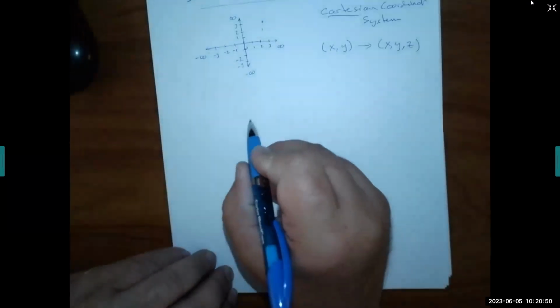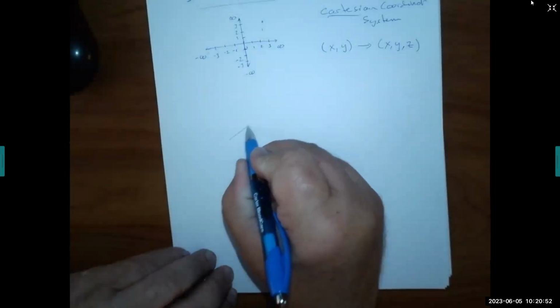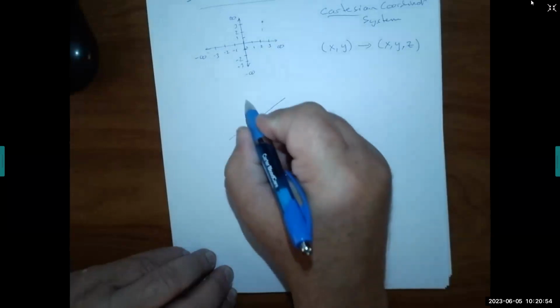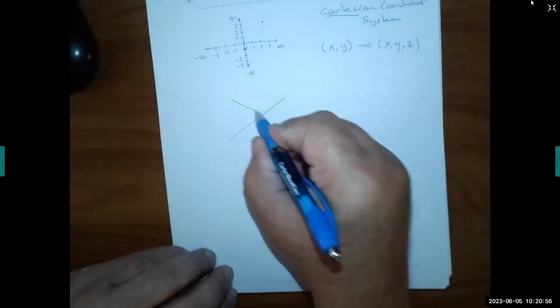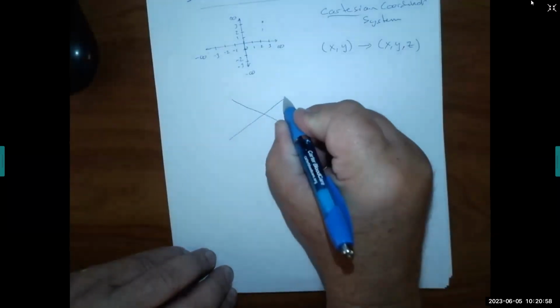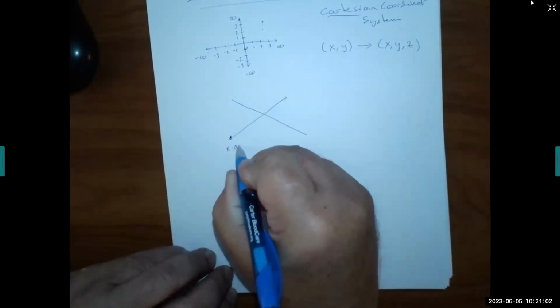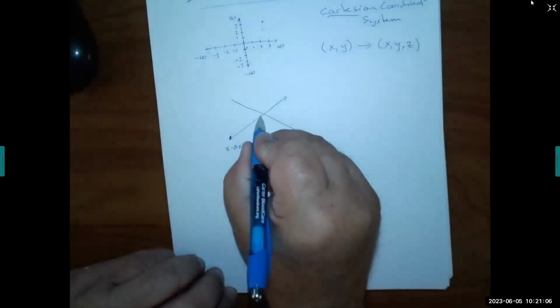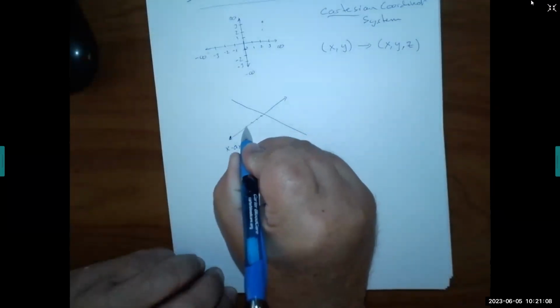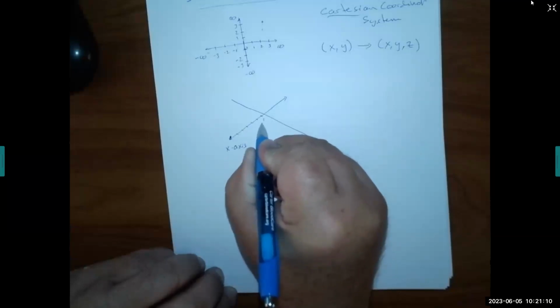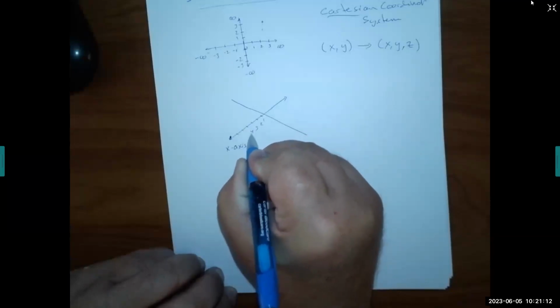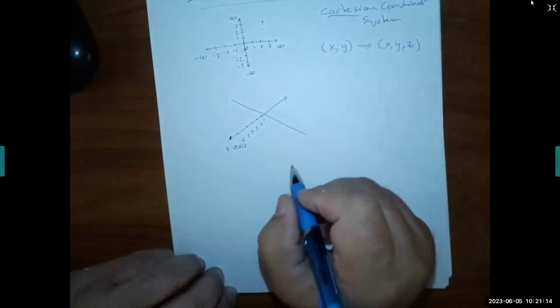How do we look at this? If we were to draw a three-dimensional graph, how would it look? This is our x-axis. One, two, three, 4, 6, and so on and so forth.